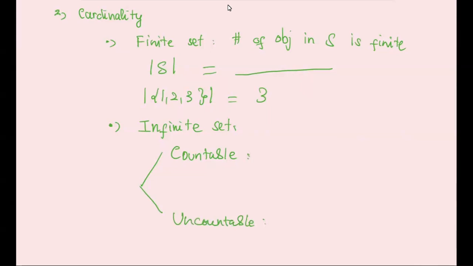So the common set that are infinite but countable is the set of all natural number, the set of all integer, the set of all rational number, the set of all even number, or the set of all odd number.